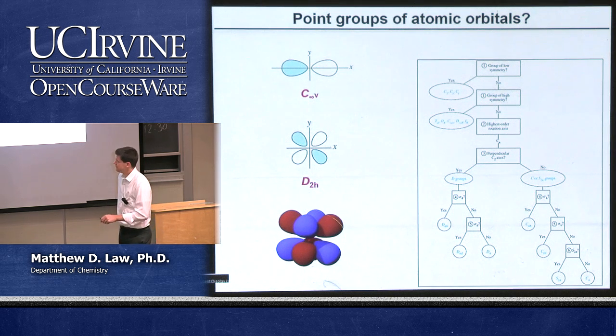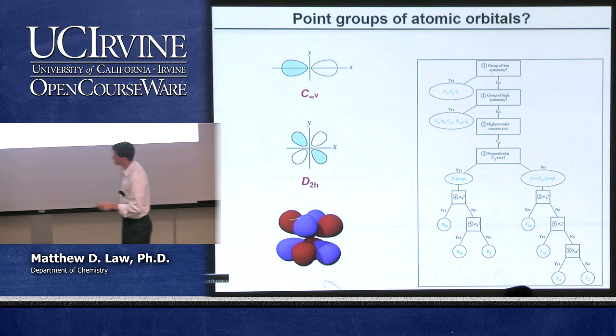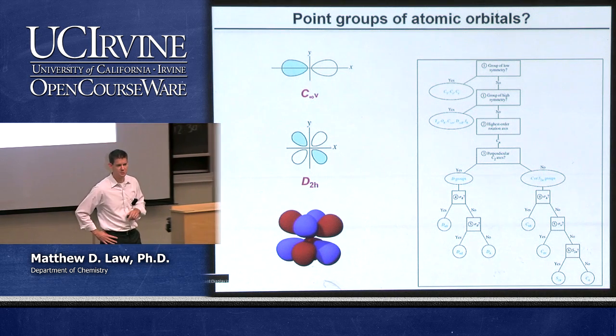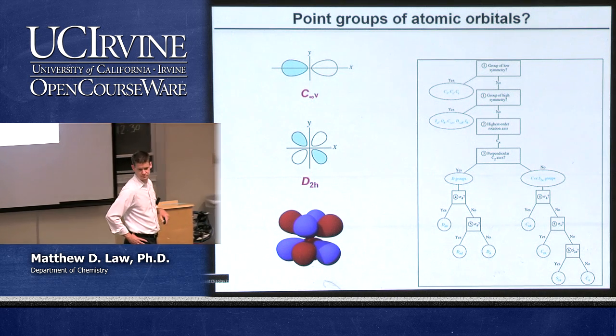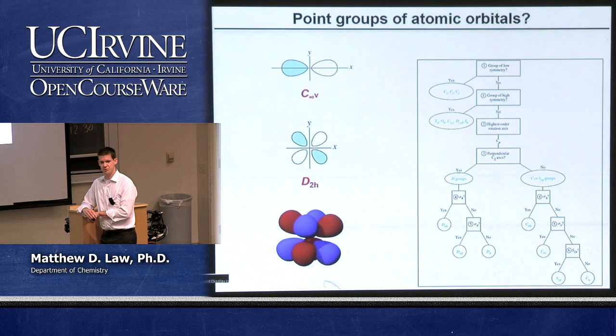What about this FXYZ orbital? What does this remind you of? Like if you just look at the blue lobes or you just look at the red lobes. Sort of looks like a tetrahedron maybe.